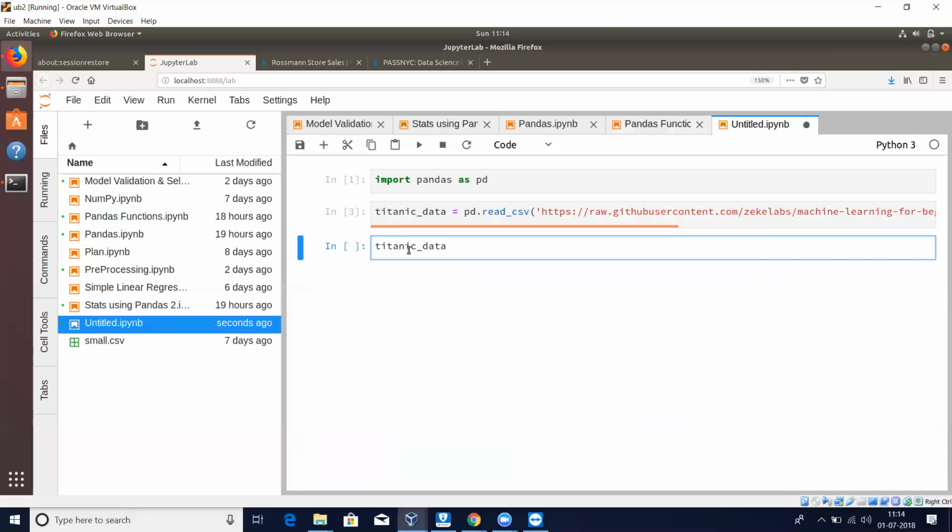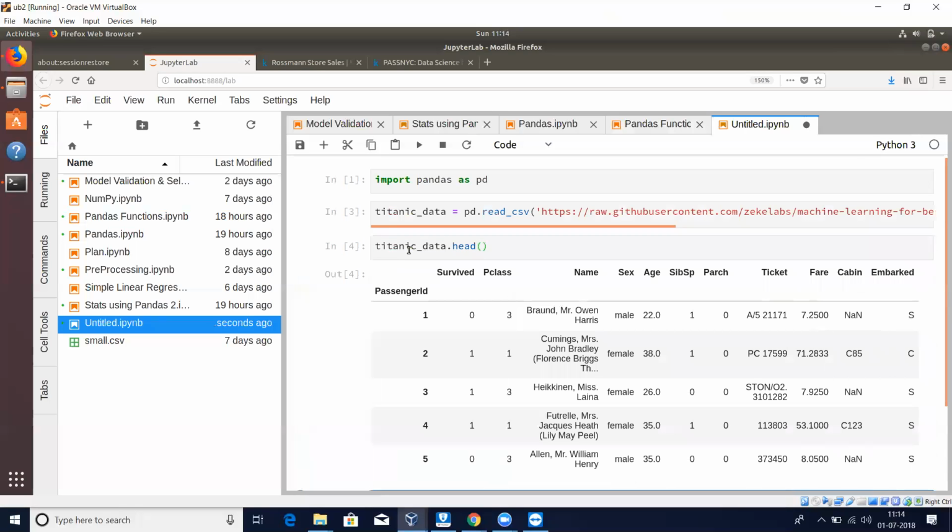Training data. Okay, so you have this. You want to find now a gender-wise distribution, right?